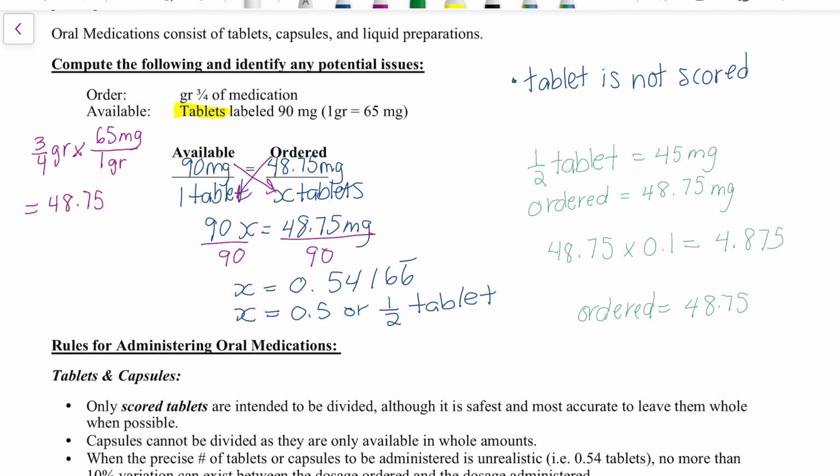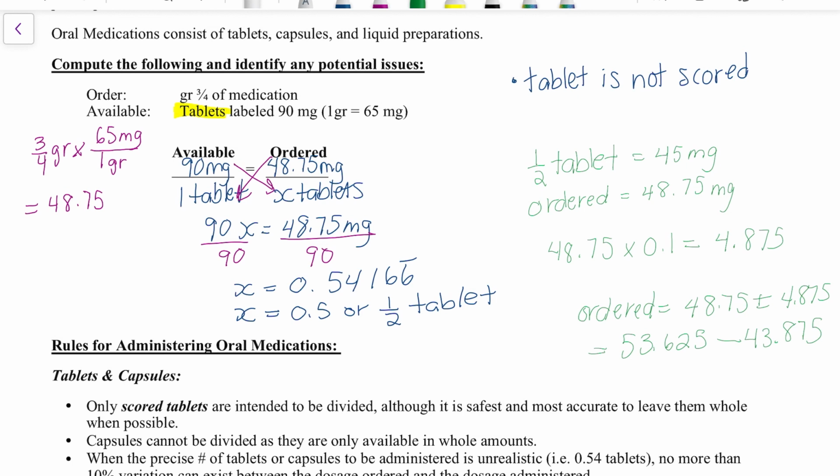So if we go up, 48.75 plus 4.875, we get 53.625, and if we go down, we get 43.875.